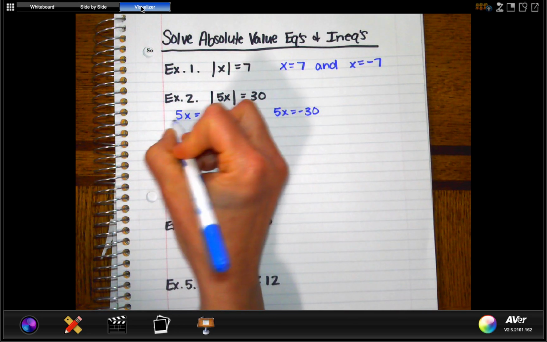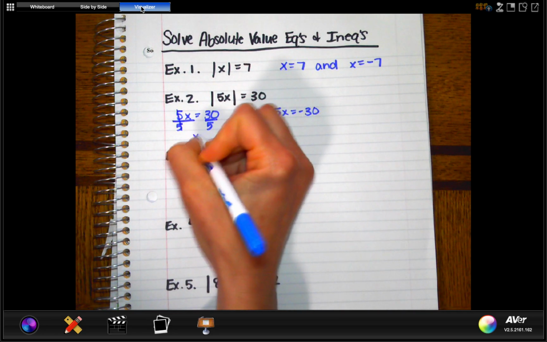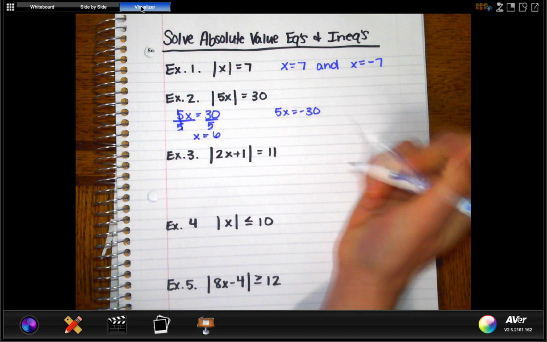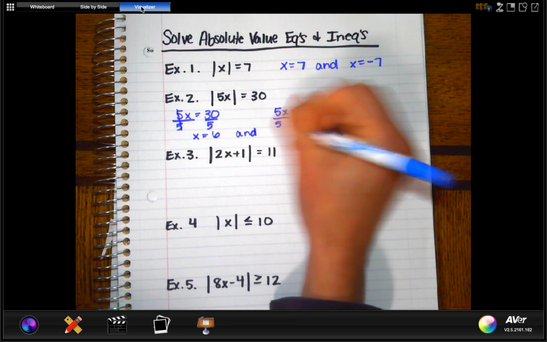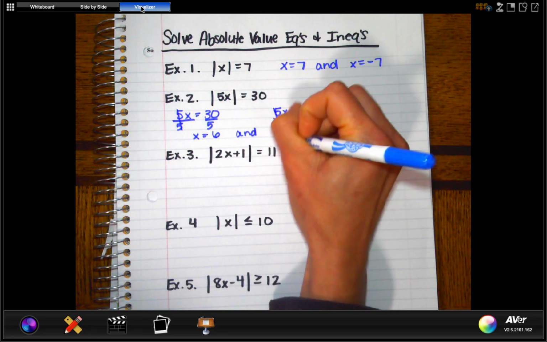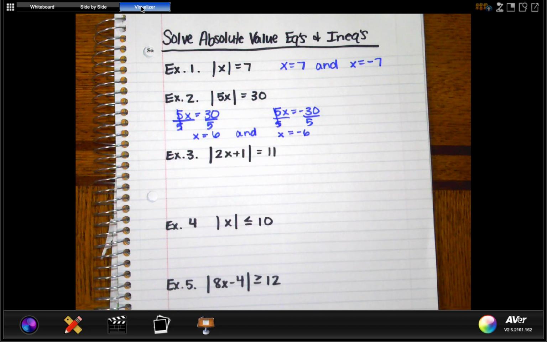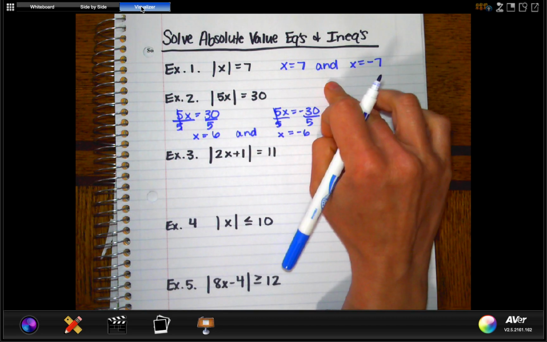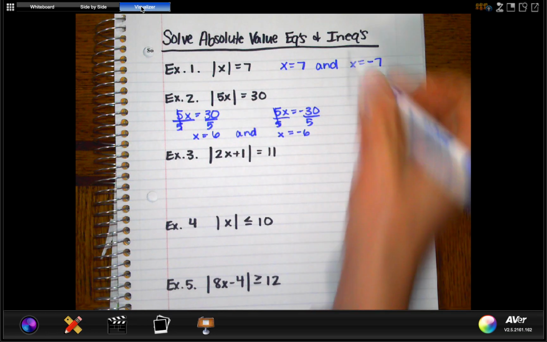And most of you can do this in your head, but you get x equal 6, and we get a second answer of x equal -6. And the wording doesn't matter on the equations. You can say and, you can say or for either of those. So I want to point that out because it is going to make a difference down here on the inequalities.